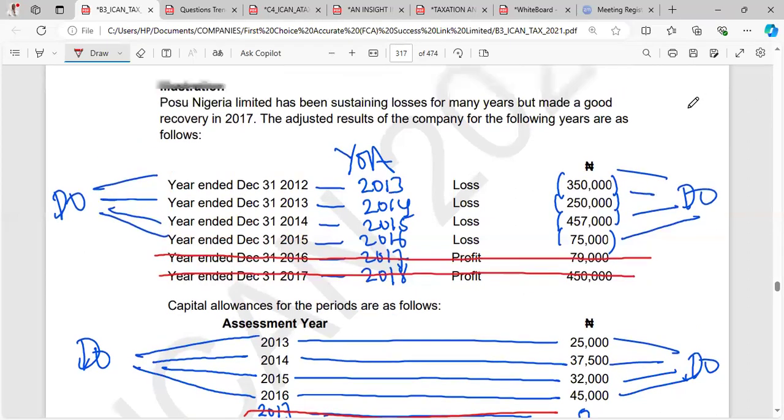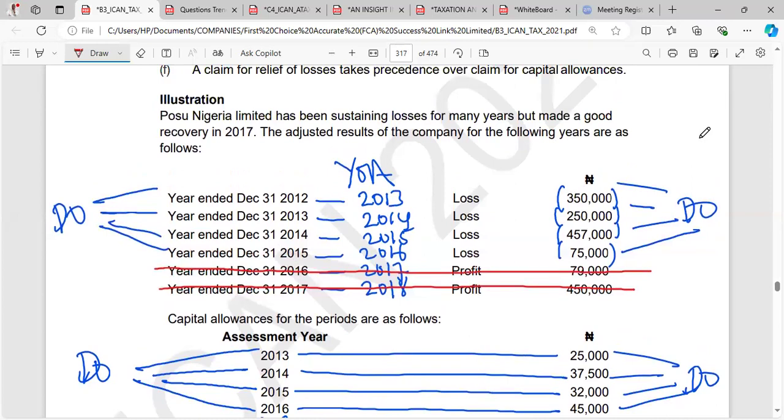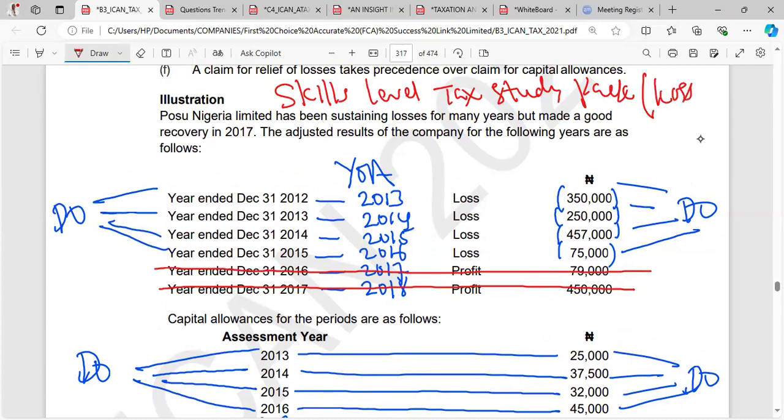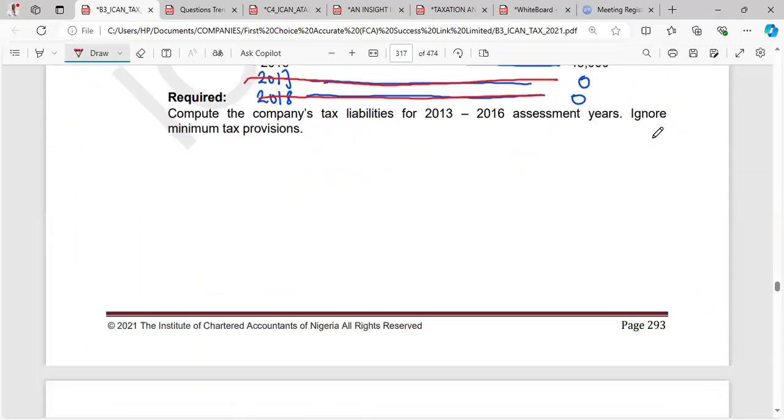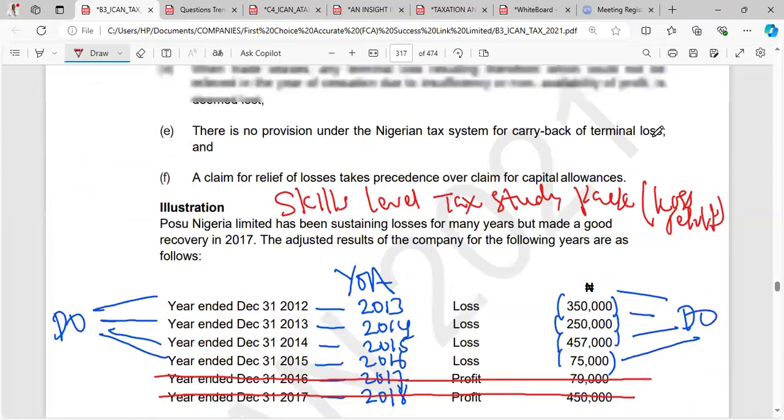Okay, as I said, this is skills level taxation study pack, loss relief, and the page is 293.